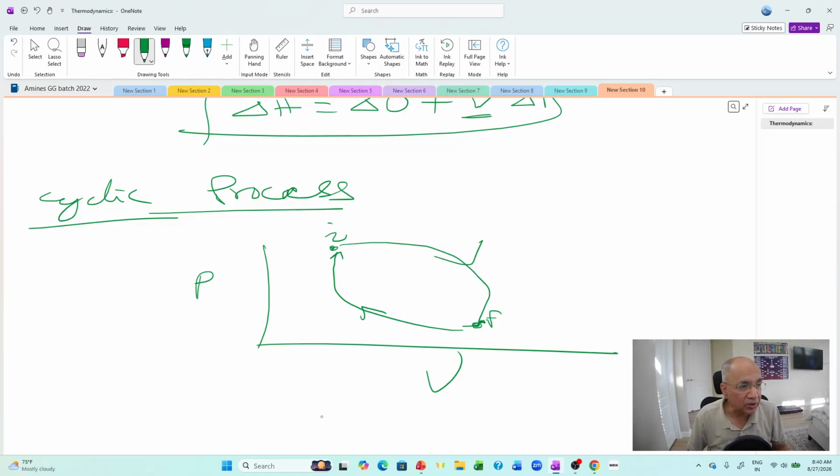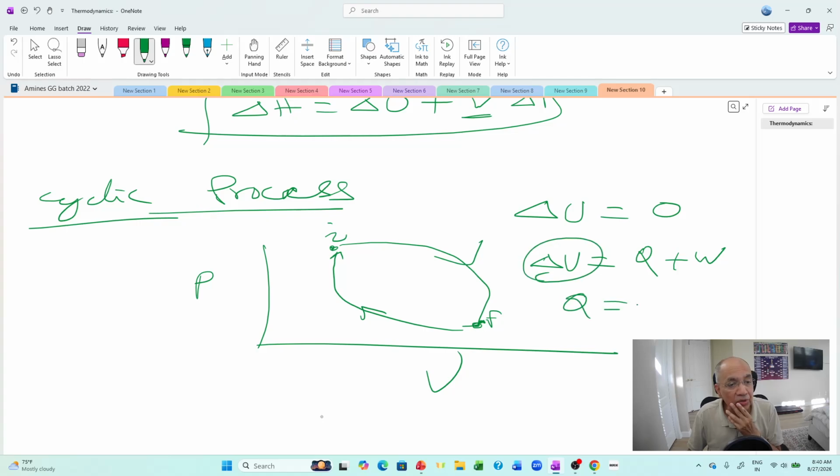So the cyclic process is similar to isothermal. Del U is 0, because you are coming to the same thermodynamic state, so there is no change in internal energy. That doesn't mean that there is no work transferred or no heat. If del U is equal to 0, according to the first law, Q plus W becomes 0.